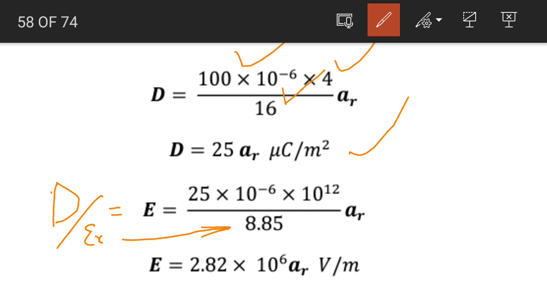So we have 25 into 10 raised to power minus 6 into 10 raised to power 12 by 8.85 into ar. The electric field intensity at the given point is 2.82 into 10 raised to power 6 ar volt per meter.